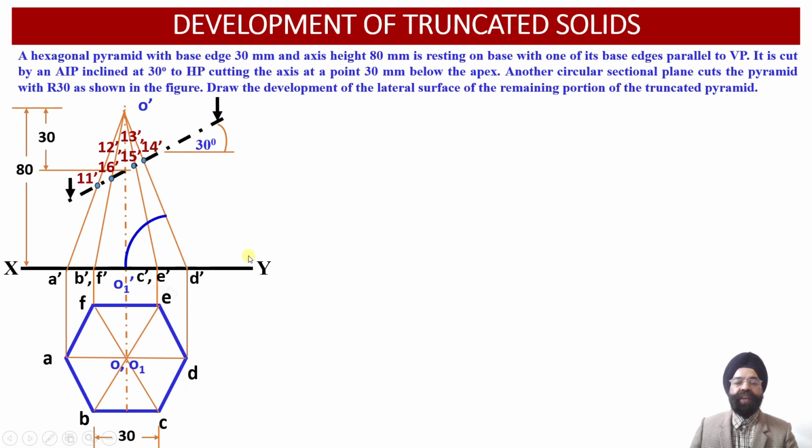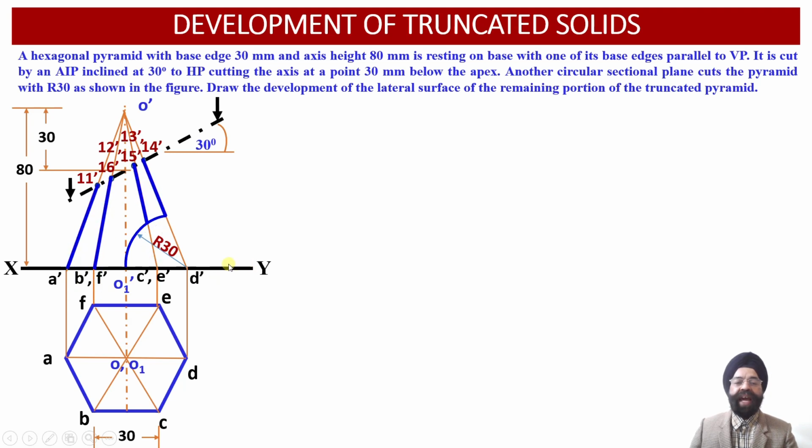So once we take this radius equal to 30 millimeter, this point, that is D dash point, will be our center point. Open compass equal to 30 millimeter. We'll be drawing an arc so that this circular section plane is going to intersect with the different generators as well as with the base of this particular hexagonal pyramid.